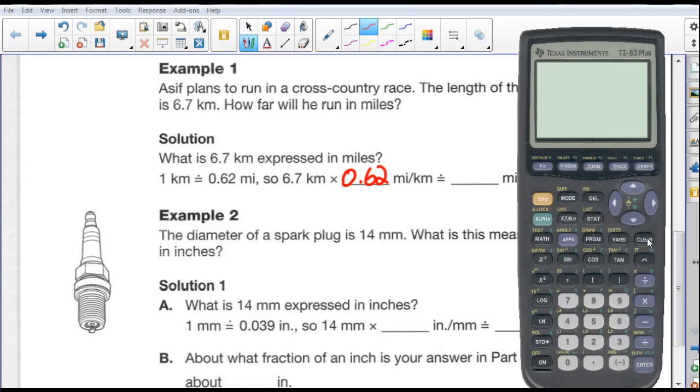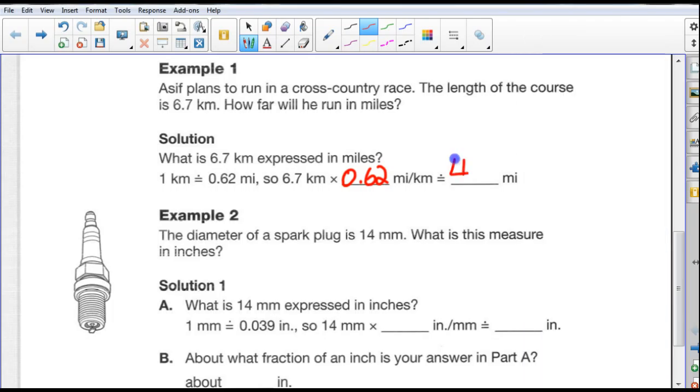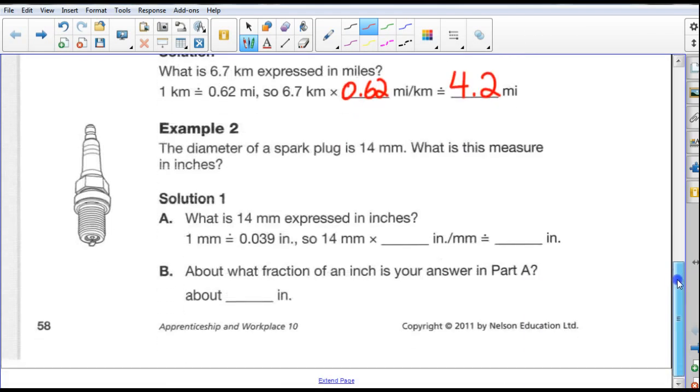We take 6.7 and multiply it by 0.62, and 6.7 kilometers is the same as 4.154 miles. We've got our distance to 1 decimal point, 6.7, so let's round our answer of 4.154 to the tenths, or 1 decimal point, so that'd be 4.2. Approximately 4.2 miles.